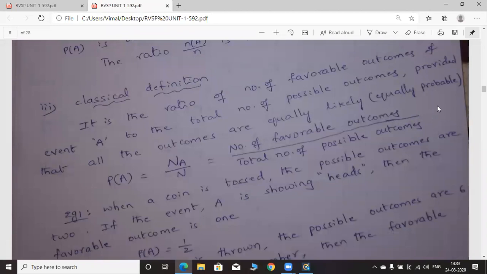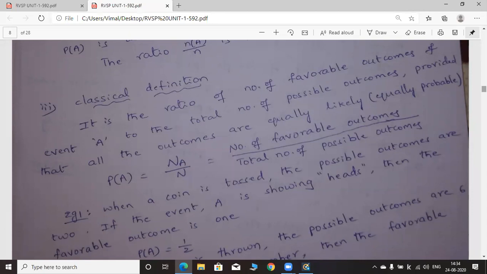The formula is given for you. You can write the definition in your own way, you need not write it as it is. Based on the formula, you can frame the sentence: probability of event A can be written as number of favorable outcomes by total number of possible outcomes. This is called the classical definition.